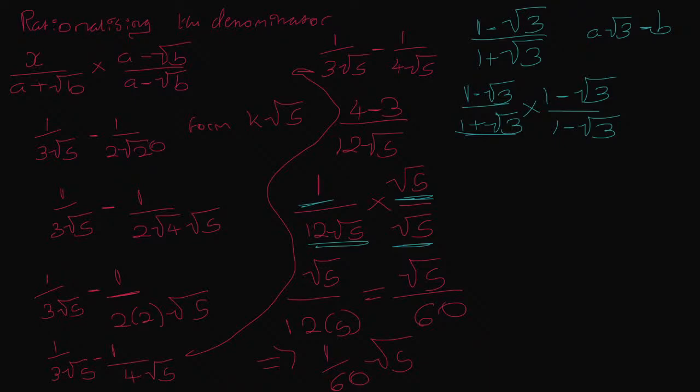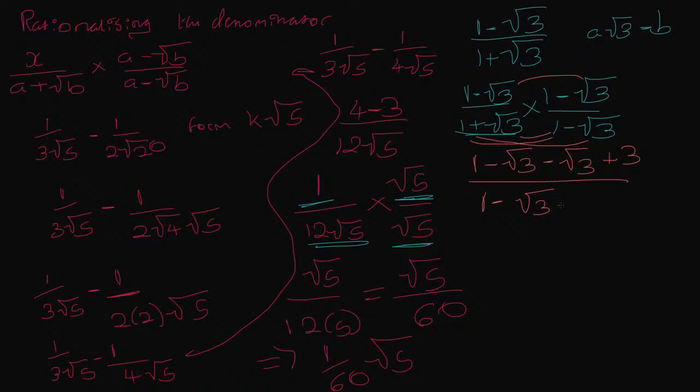Okay, so we can change colour. So if we multiply each of them, we'd have 1, then minus square root of 3, and we'd have minus square root of 3. So multiplying this by that, and then we'd have plus 3. I'm going to do the same for the bottom. So 1 by 1 is 1. 1 by minus square root of 3 would be minus square root of 3.